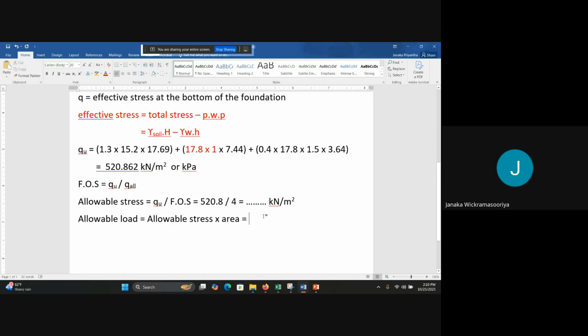Therefore, this value should be multiplied by 1.5 times 1.5. Then you will get the answer in kilonewtons. Clear? Please note it down, and if you have any questions, please ask. Otherwise, give me the answer.